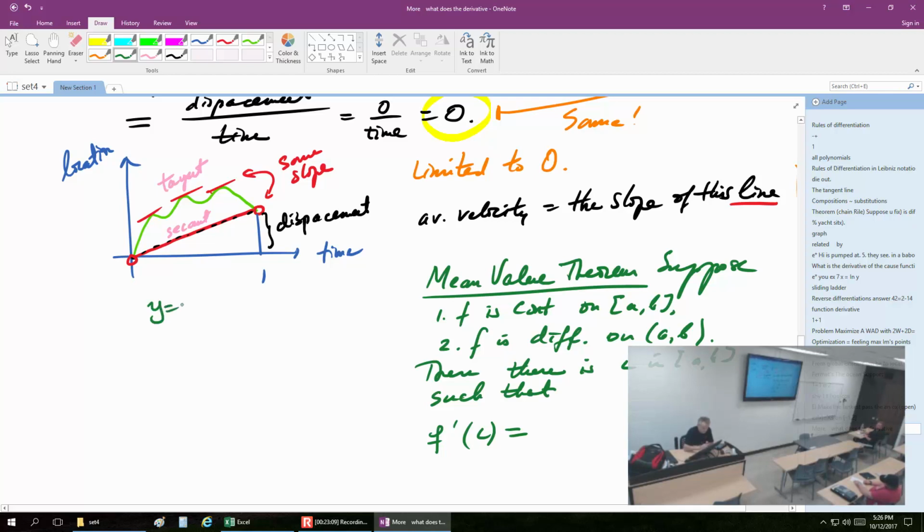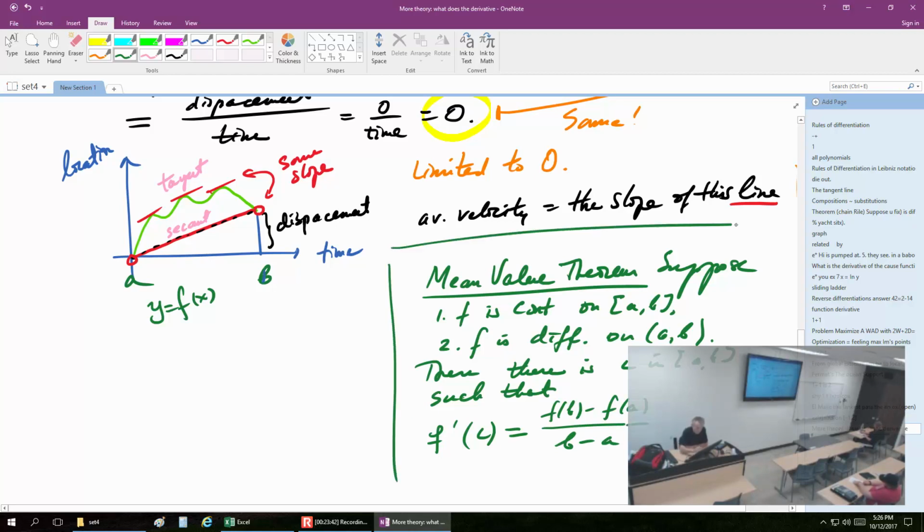If this is y equals f of x, and this is a and this is b, what is the slope of that secant line? Rise over the run, right? So it is f of b minus f of a divided by b minus a. Okay, so that's the theorem.